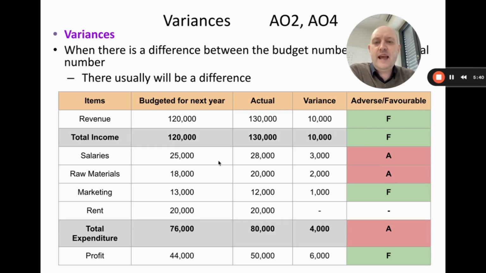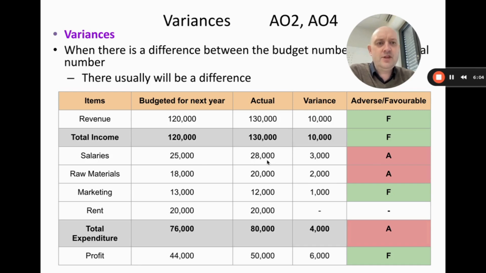We can then do the same for all of the expenses, but there's a slight difference here. So for example, with the salaries, we budgeted 25,000, but actually we had 28,000. The variance is the difference, which is 3,000, but this time the difference is adverse, so it's negative. So in this situation, the actual was bigger than the budget.